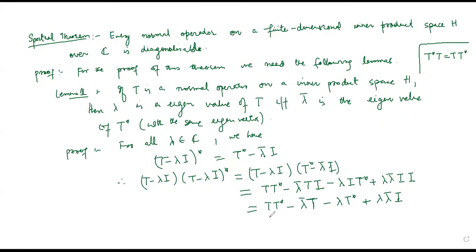What I do, अब मैं इसको, चूंकि it's a vector space, so we does commute. So if I take T star out of this and this, what do I get?